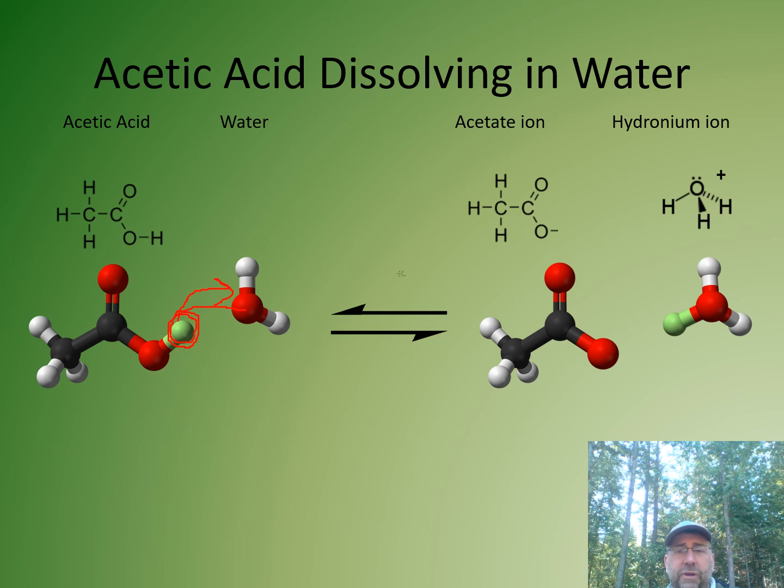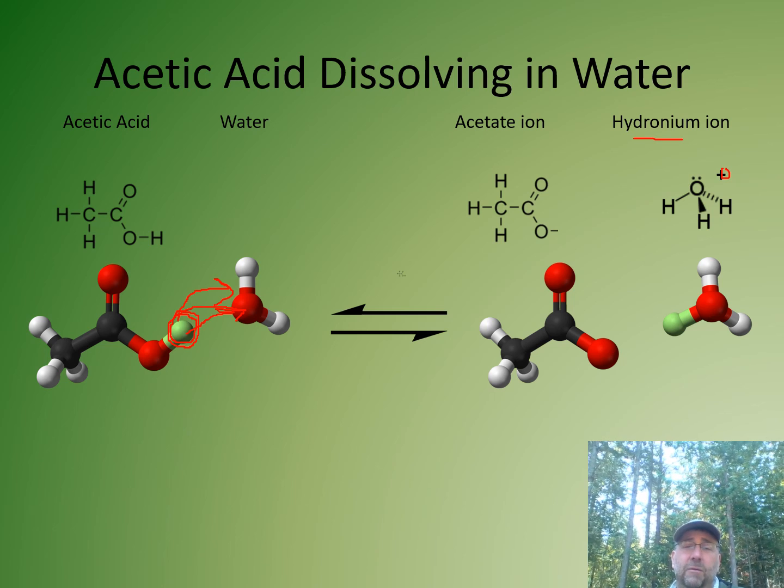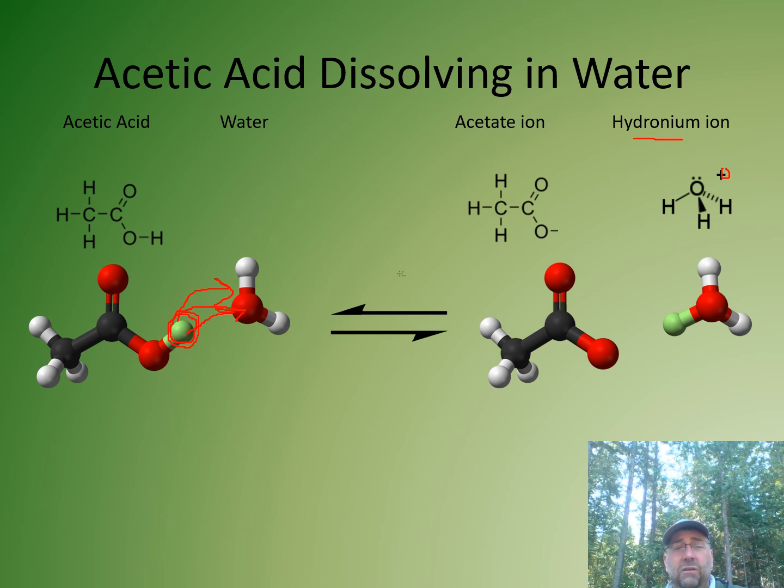The net result is that the water molecule becomes H3O with a positive charge. It pulled the hydrogen off but left the electron. Now we've created the hydronium H3O plus ion. What's left behind is the acetate ion with a -1 charge, and that electron was left behind right there with that oxygen. And so this is the acetate ion.